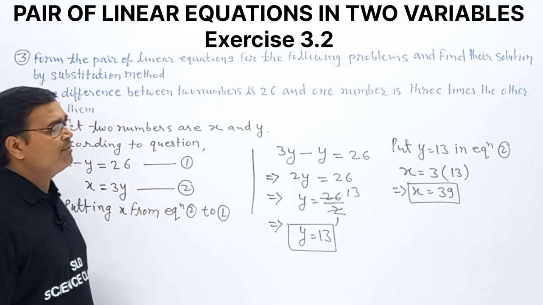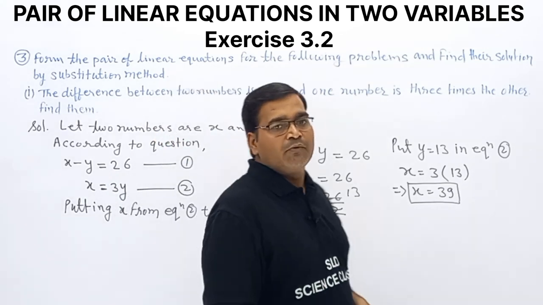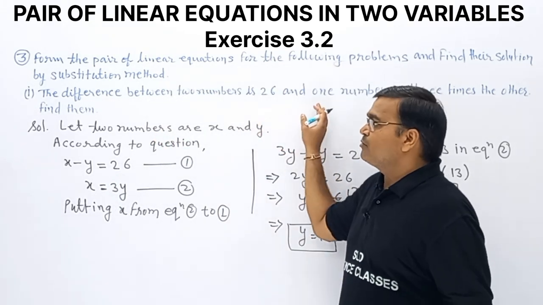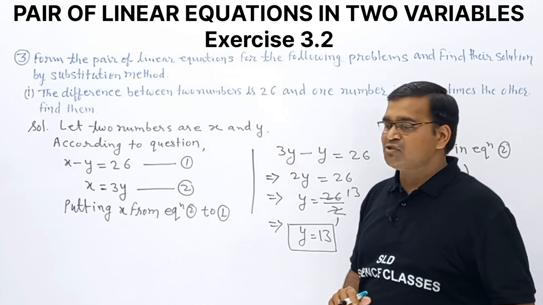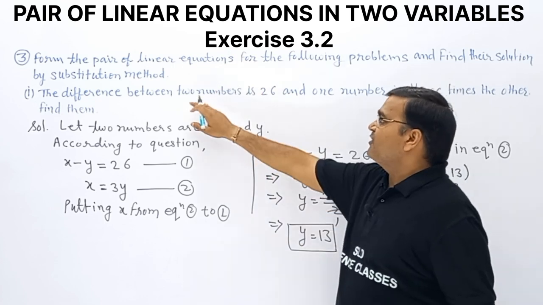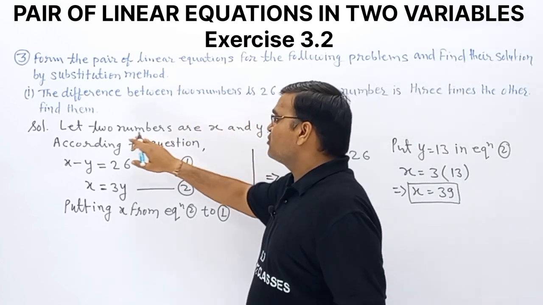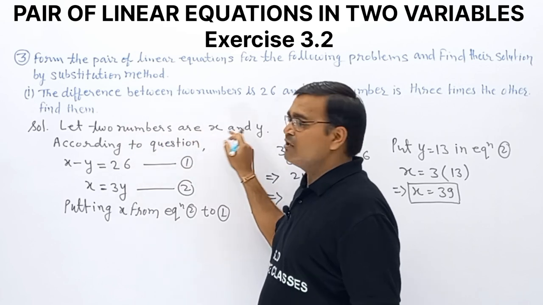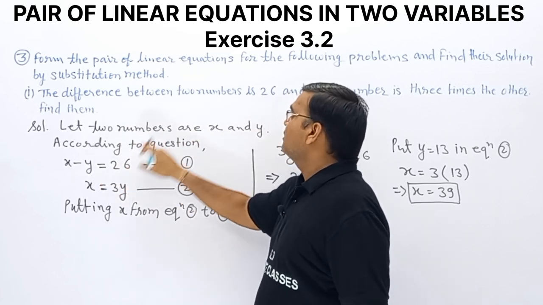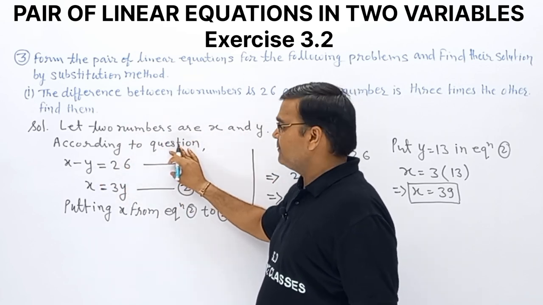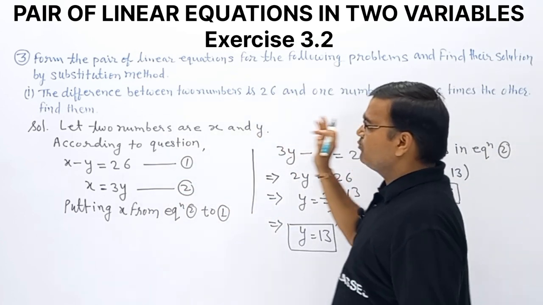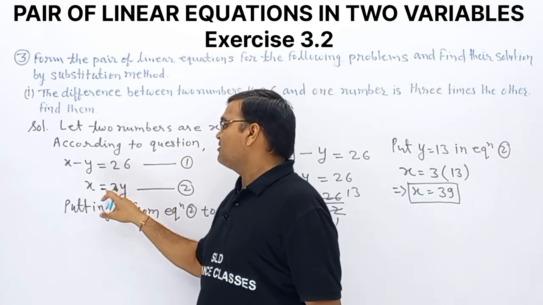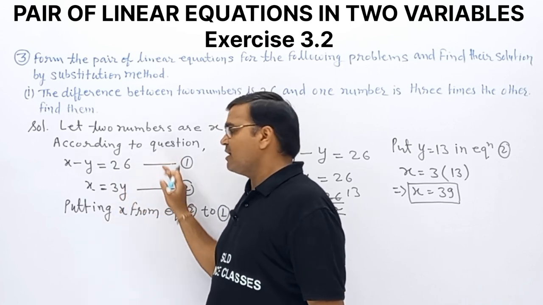Observe again, it is a simple question. We have a situation, and using it we form the pair of linear equations. The difference between two numbers, we assume as x and y. The difference is 26, which is equation 1. One number x is 3 times y, which is the second equation.